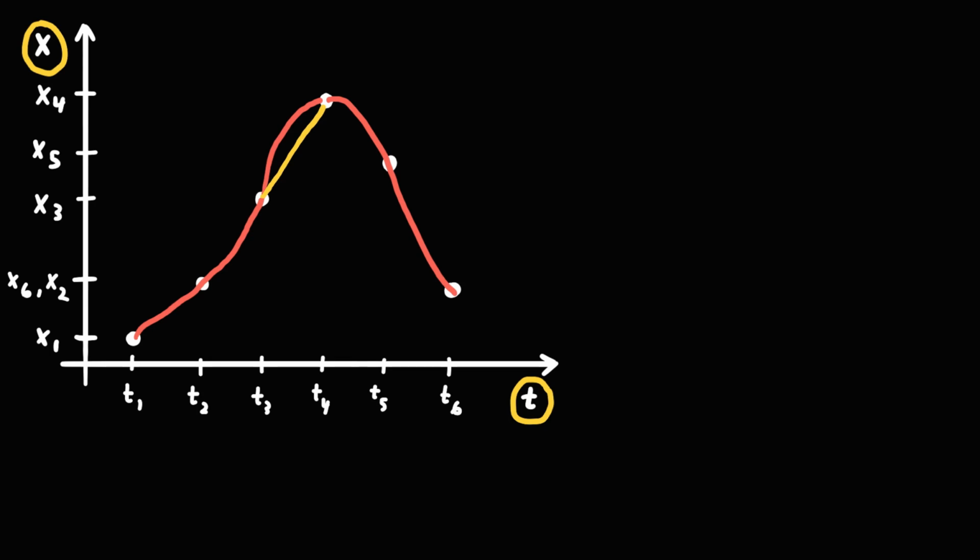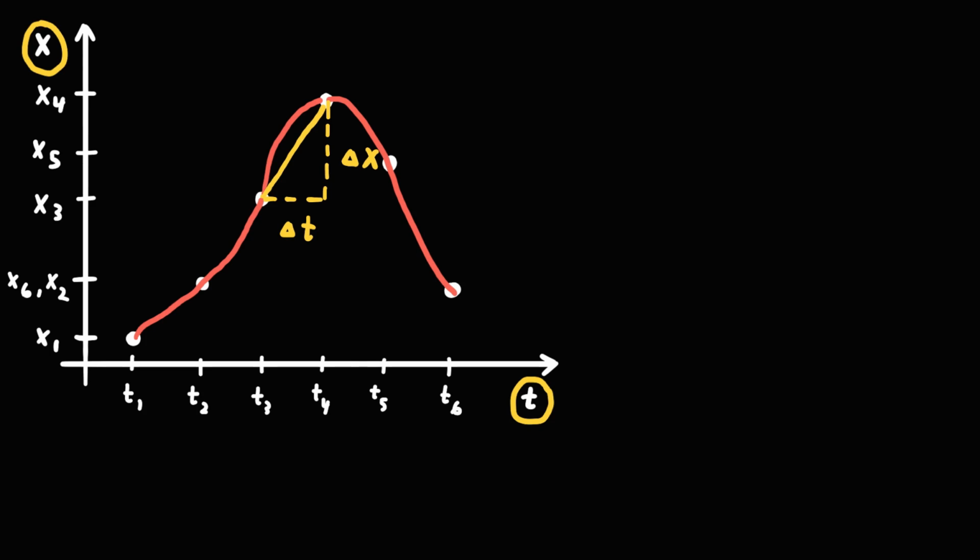And if I use that line to create a right triangle, then maybe you can see that the horizontal bottom leg of this triangle is an amount of time, delta t, and the vertical leg of this triangle is a change in position, delta x.